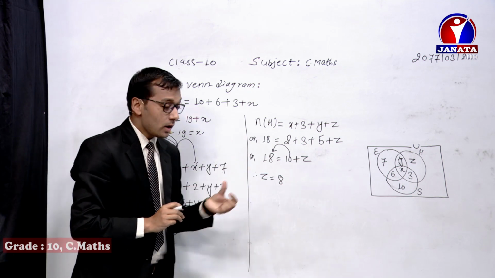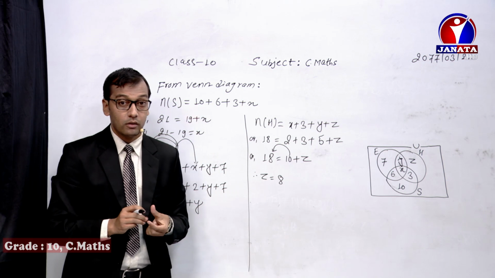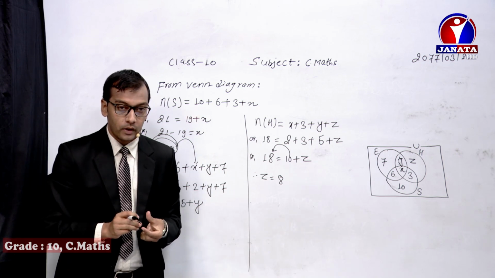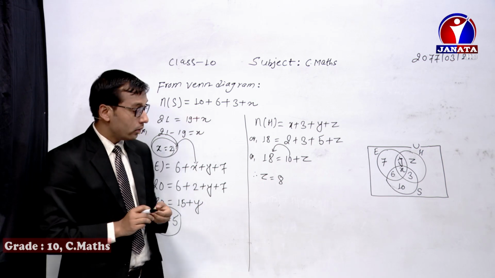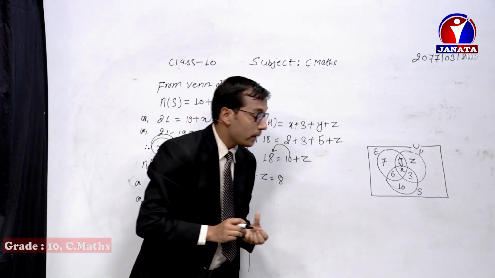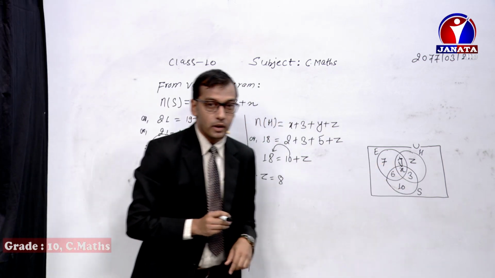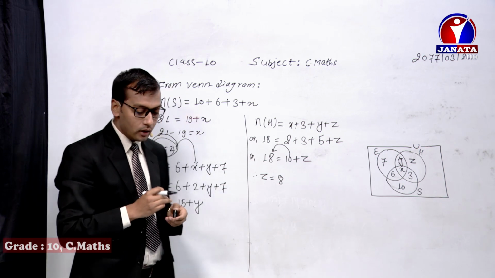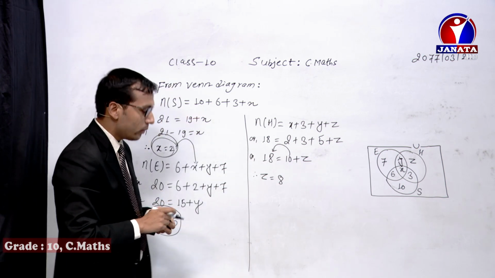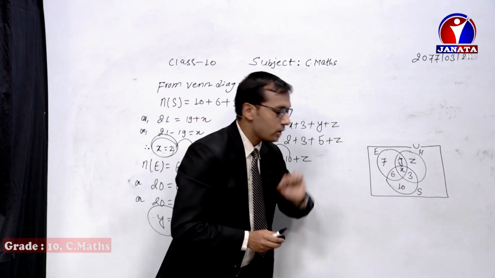So by using this process we can find the cardinal number for different unknown regions. Now there are two more questions. We have inserted the information in a Venn diagram and we have already found the values of x, y and z. Now in B, how many students study all the subjects? So this is x.